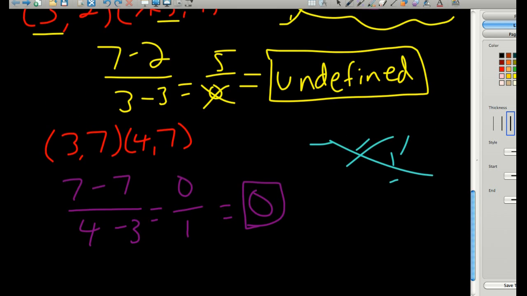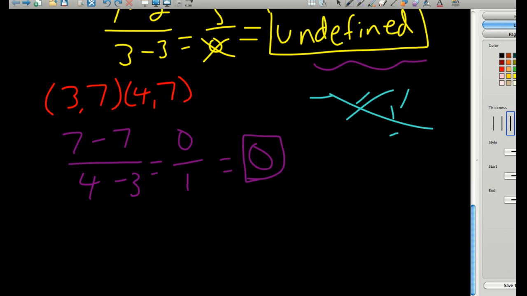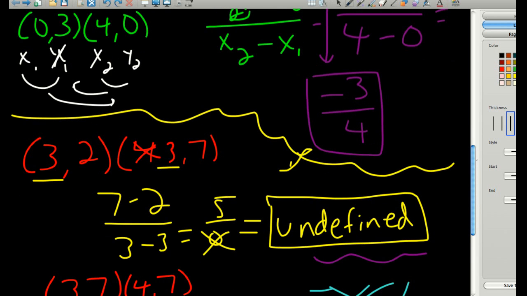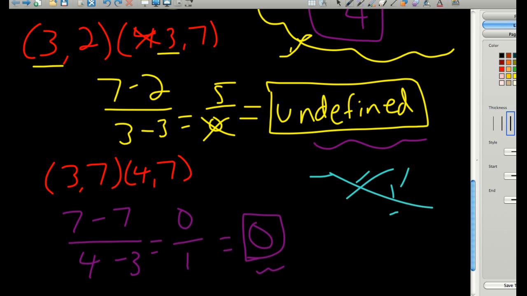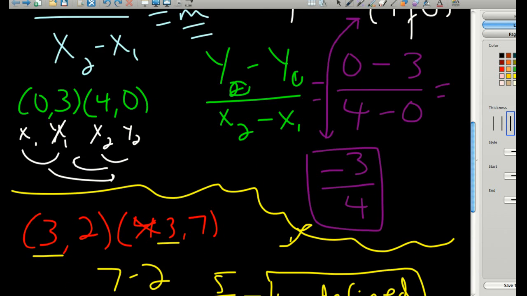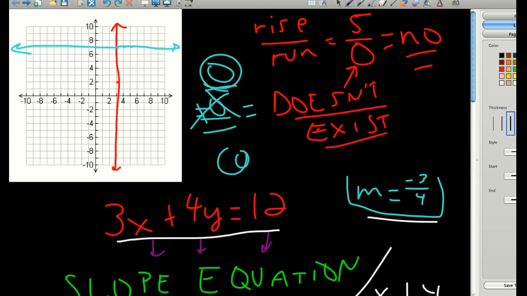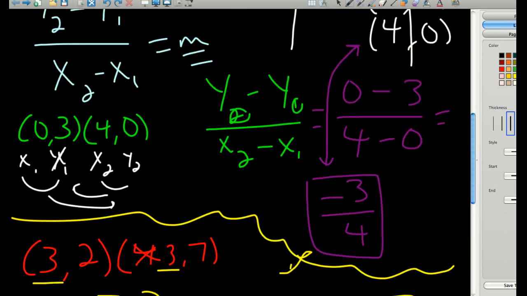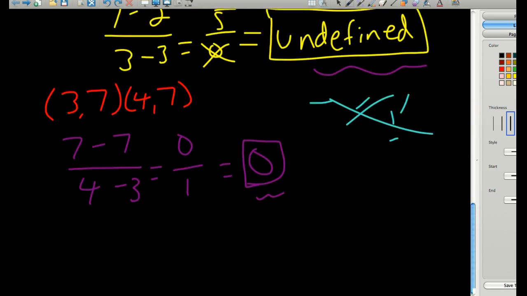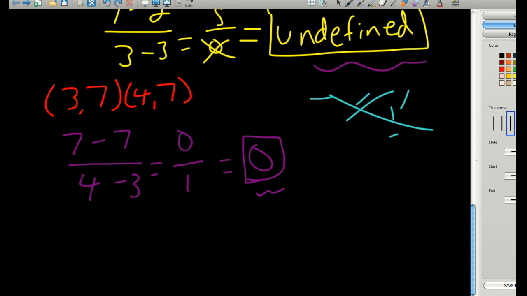So I just taught you two new things about lines. Either they'll have an undefined slope, or a 0 slope, or a real slope, a number slope, I guess. This is true of all linear equations.